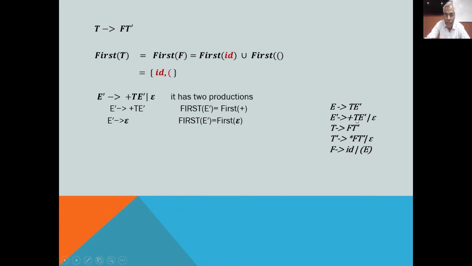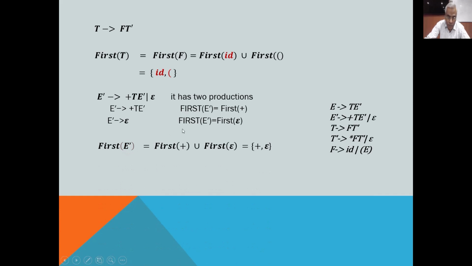Next is E dash, and this E dash has two productions, E dash to plus T E dash and E dash to null. So we break it into two different productions. From the first production, first of E dash equal to the first symbol on the right hand side, plus, so first of E dash equal to first of plus, and from the second production first of E dash equal to first of the null symbol.